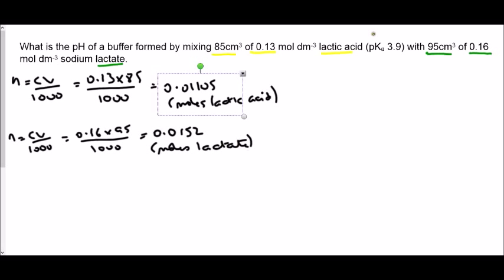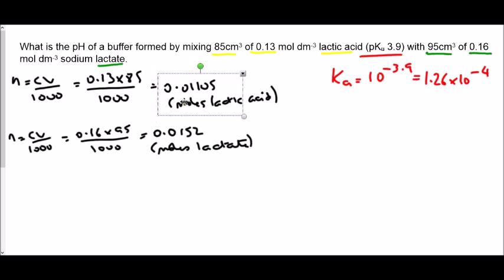Okay, back to the question again. I've got a pKa value, so I'm going to need to convert that into Ka. That gives us 1.26 times 10 to the minus 4.